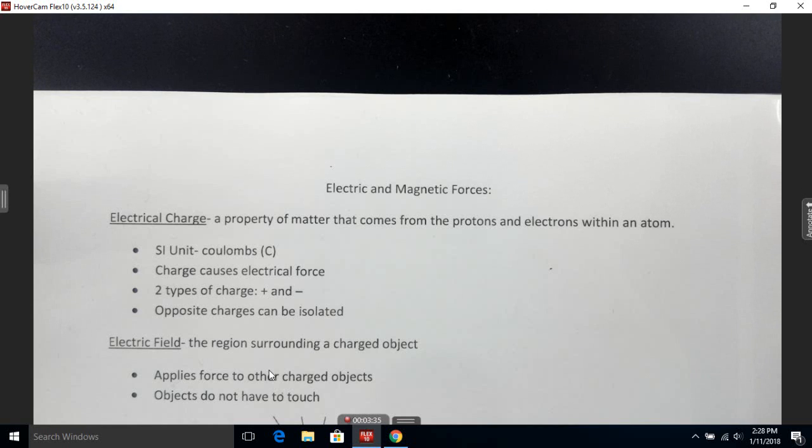An electron has 1.6 times 10 to the 18th negative. Follow me here. Think about how big we said a proton was and how big we said an electron was. They have the same amount of charge, but one is negative and one is positive, but the number's the same.